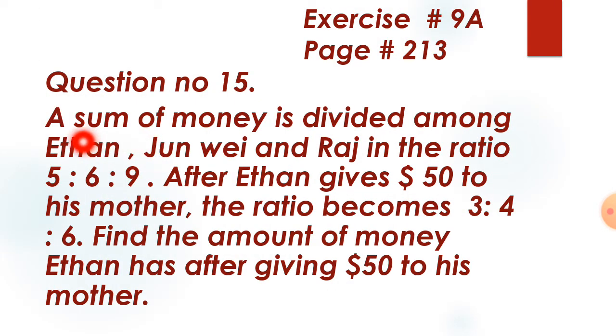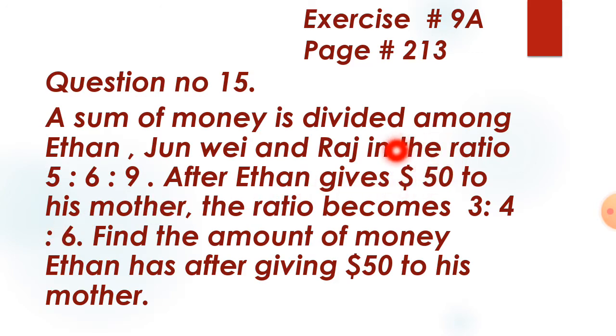Question number 15 is here. A sum of money is divided among Ethan, John V, and Raj in the ratio 5:6:9. After Ethan gives $50 to his mother, the ratio becomes 3:4:6.